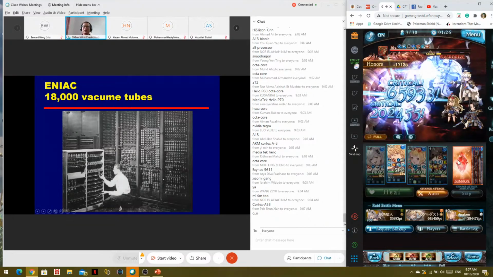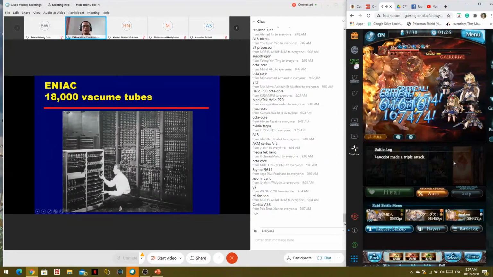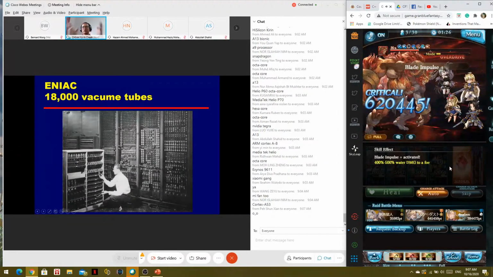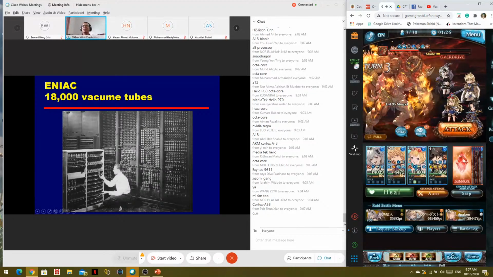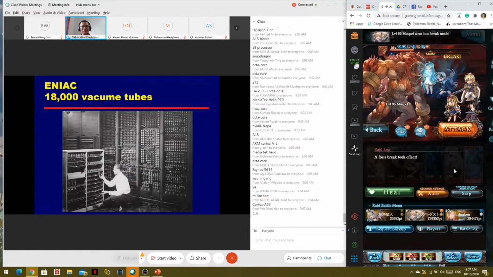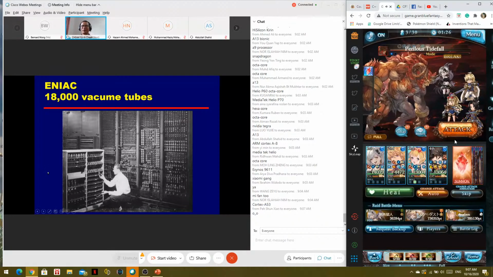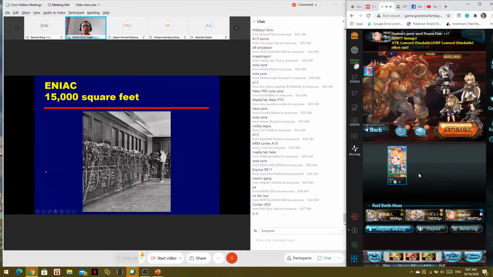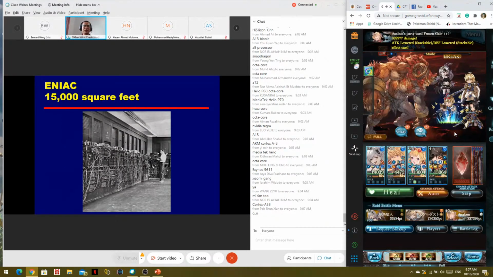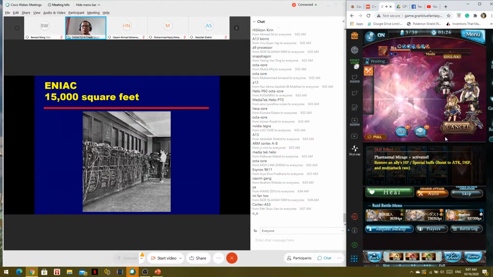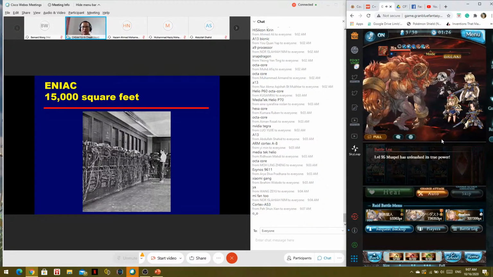Alright, so this is how ENIAC looks like, with all its 18,000 vacuum tubes. It basically fills a room, and it's very, very hot. It covers 15,000 square feet of space with all the tubes and all the wires.